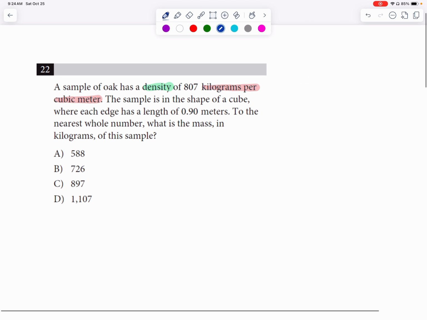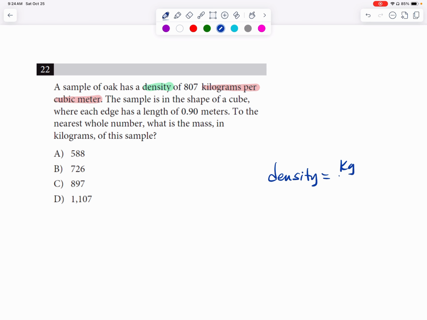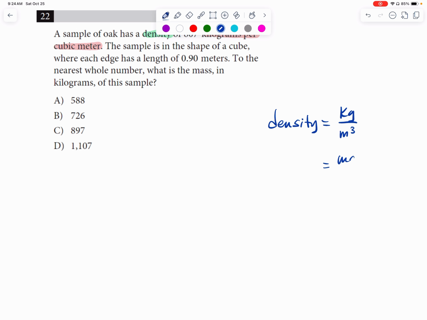So here is a nifty formula for density. Density is equal to, I'm just going to write it equal to the units here, kilograms over meters cubed. Again, I can see that that is equal to mass over volume.